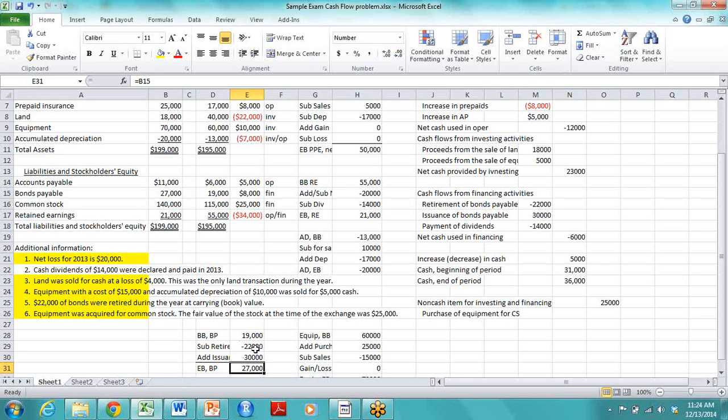I would have a decrease of 22. Something else must have happened, so I have to figure out, okay, well then I must have had an issuance for 30,000. So that's how I have to figure that out or infer that based on what the change is. I'm not 100% sure how to explain it any other way, but hopefully, if you can keep looking at this roll forward here, and again, I'll post this file, it'll help you.